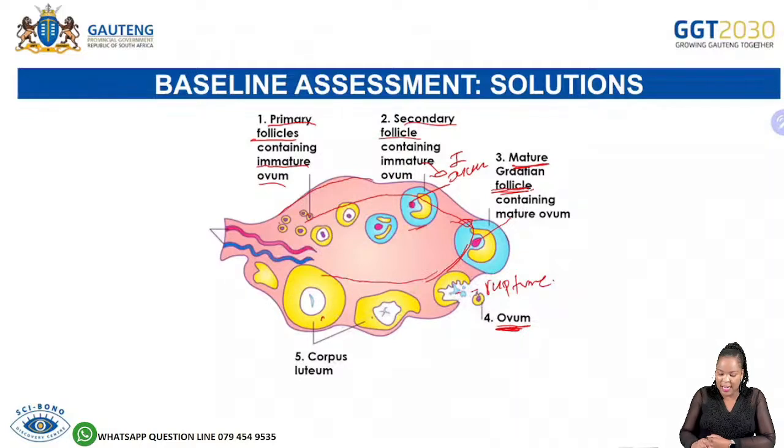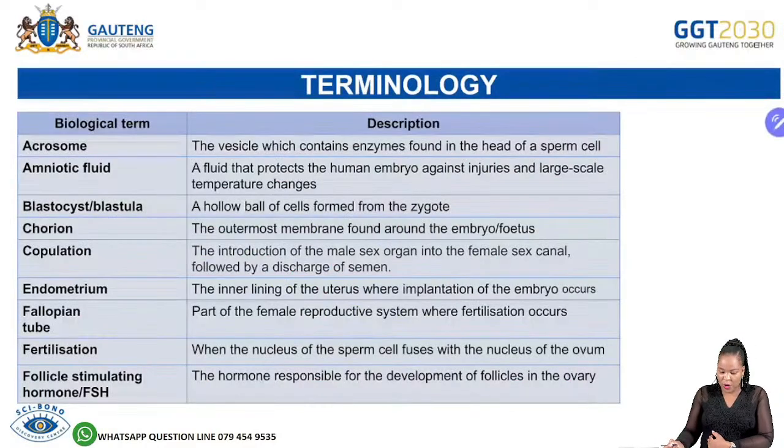Do you see now the color is now yellow? And we call it now what? The corpus luteum. And this corpus luteum also has a function. So the functions of all of these parts or the cells in the different stages will be explored with the content that we are going to learn today. Then you have your blood vessels. So this is the baseline that you need to have.